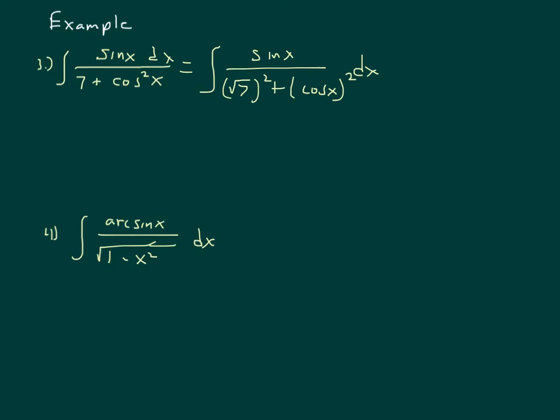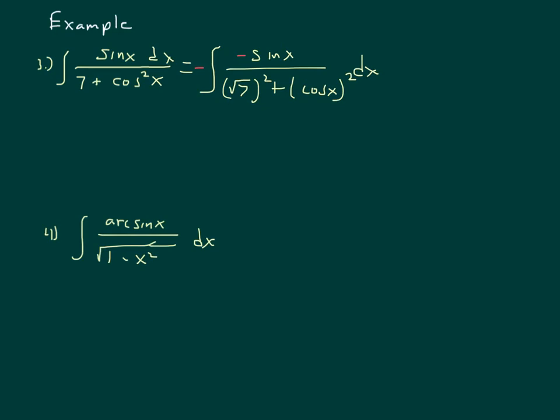Now, once I do that, I look at this, and if we think of this as an inverse tangent, we can think of u as cosine x, so therefore du is going to be a negative sine x. So I just need to put the negative sign there, and of course there's going to be a negative sign on the outside as well to compensate for this.